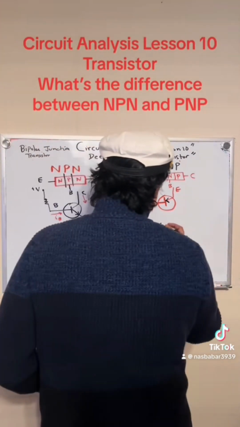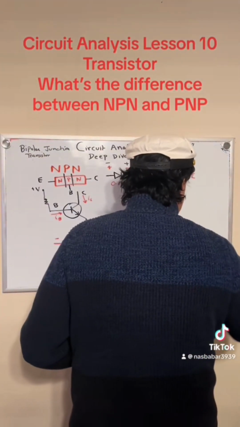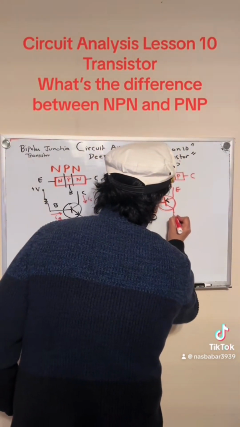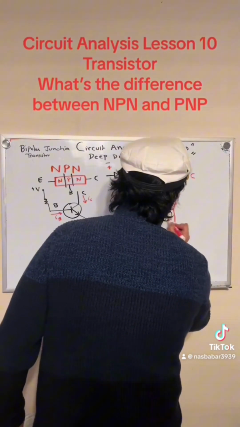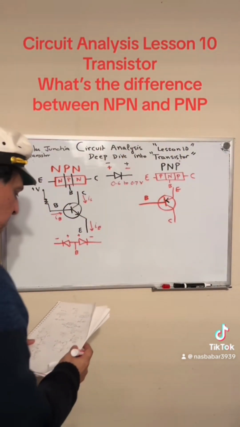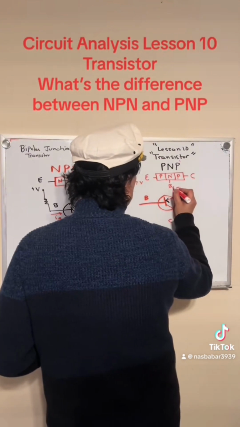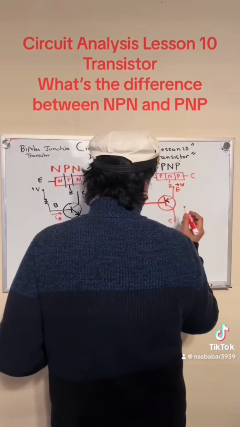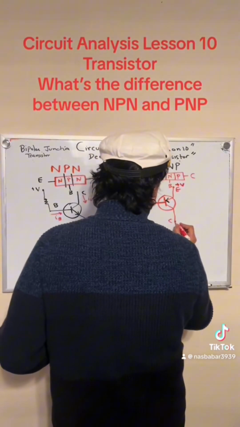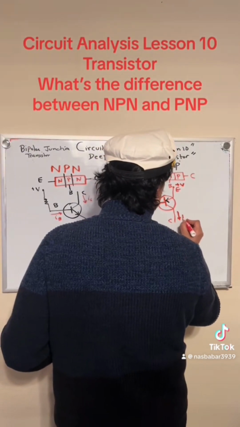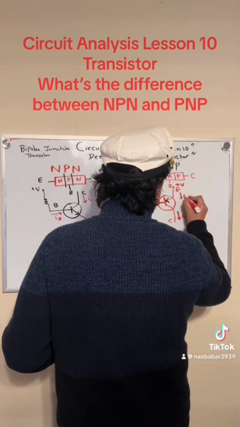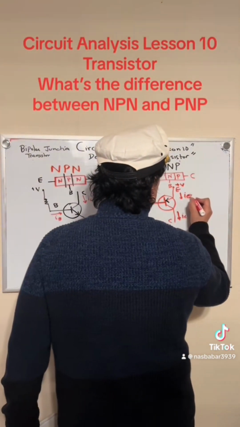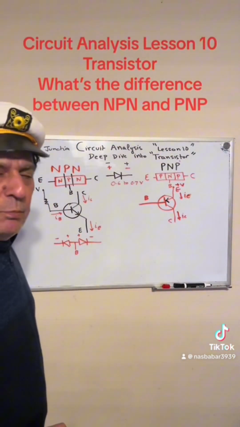Okay. So now what we do is we say, okay, this is going to be my collector. All right. So now in this case, you have a positive voltage source right here. Okay. And then right here you have I sub C, you have I sub E. Any guesses on which direction I sub B would be?